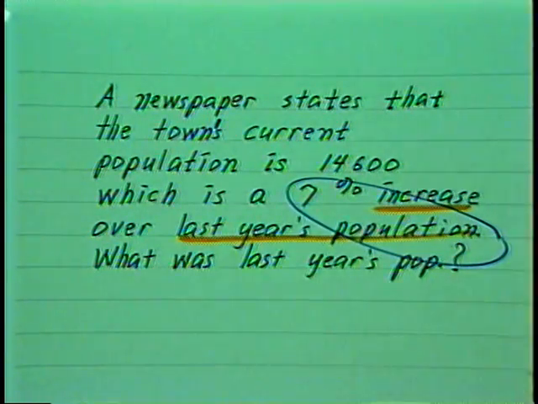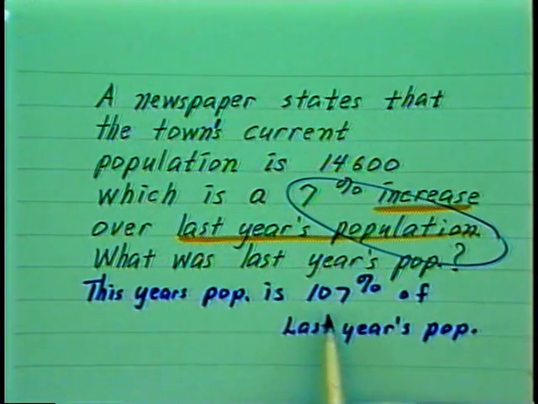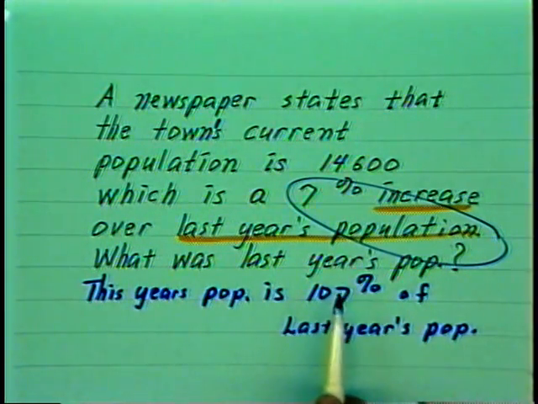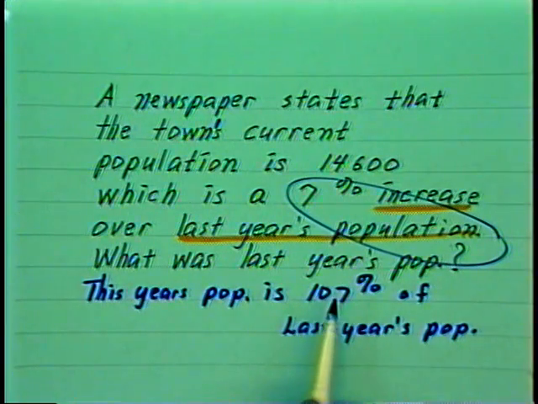So with that kind of thinking, somewhere along the line you have to see that this year's population is in fact 107% of last year's population. Last year's population, of course, is 100% of itself. And you can see I took what it was in itself and increased it 7% to give me that 107%.